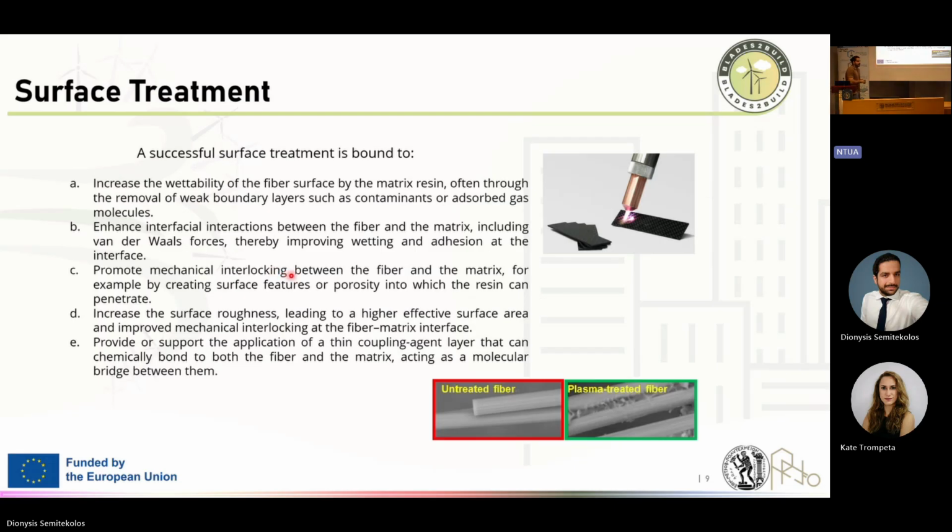Okay, these are some features on the surface where the resin can penetrate and then interlock. When it is stressed, this interlock makes it harder to break. And this is achieved through increasing, for example, the surface roughness, which leads to higher surface area, more area for the resin to be applied on, and subsequently higher mechanical interlocking.